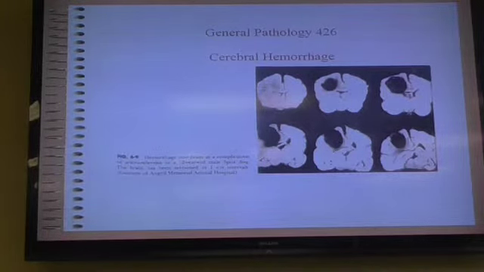So, what is the significance of hemorrhage? Where does it come from? First, location. If it's in a very vital spot, it doesn't take a whole lot of it to kill you, okay? Location, how long, okay? If you bleed a substantial amount, but very slowly over time, can you compensate for that?